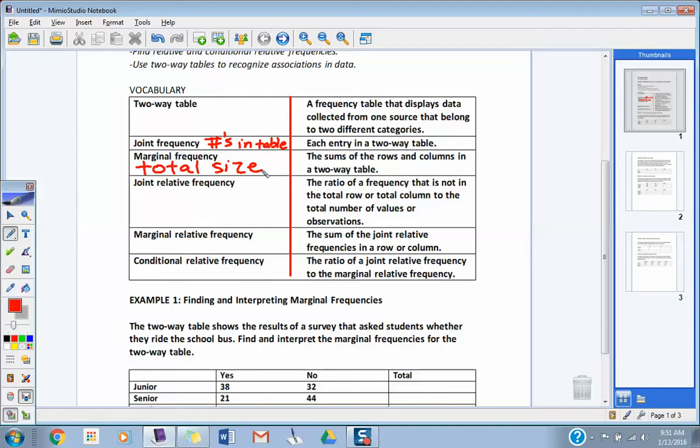All right, we're going to have a term called joint relative frequency. And joint relative frequency basically is the ratio of a frequency that is not in the total row or total column to the total number of observations. Basically, it's going to be one of your joint frequency numbers divided by the total group size.